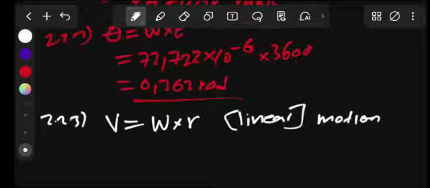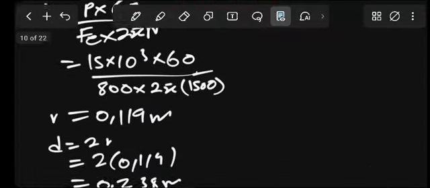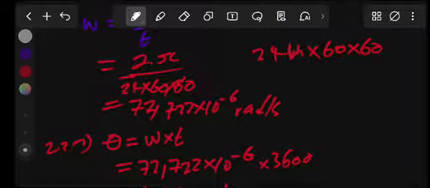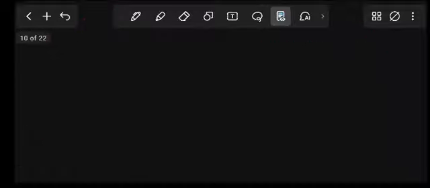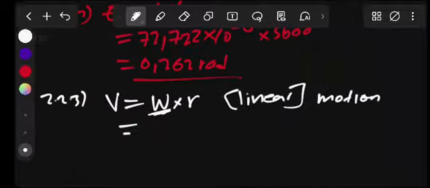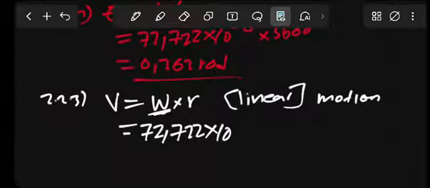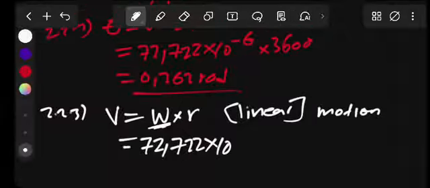To convert that, we have what we calculated here. So I'm taking that, which is 72,722 multiplied by 10 to the power of minus 6, times the radius.